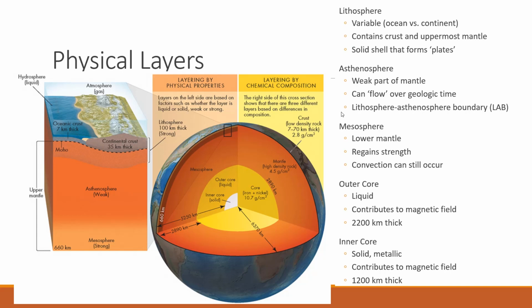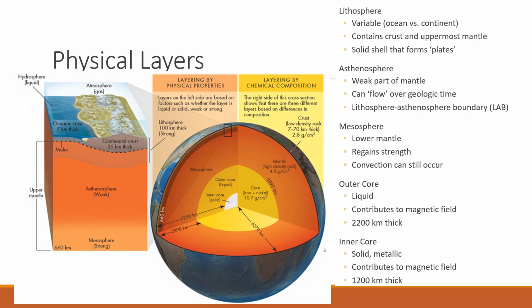So the outer layer, and if we're looking at this image, the physical is this side. So the outer layer is the lithosphere. Litho means rock, sphere means shell. It's the rock shell, the rigid plate that forms the outside of the planet. It is variable because the lithosphere includes the crust.